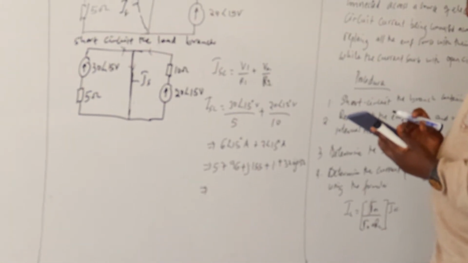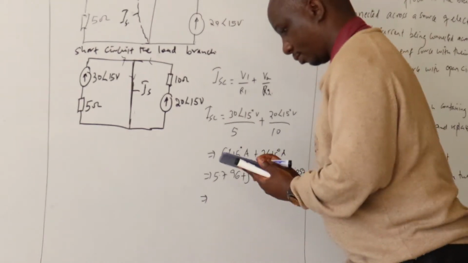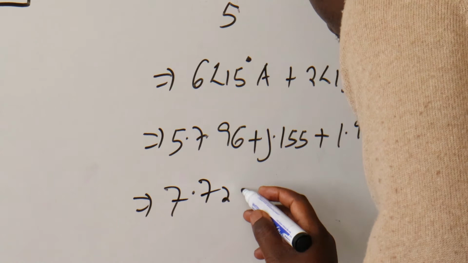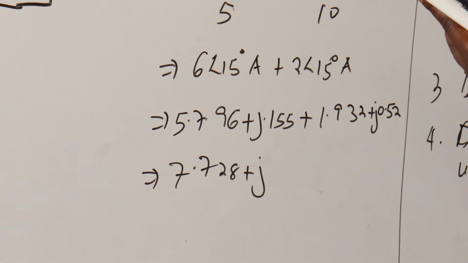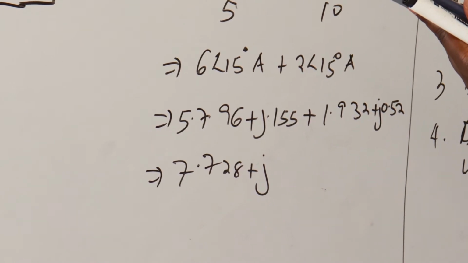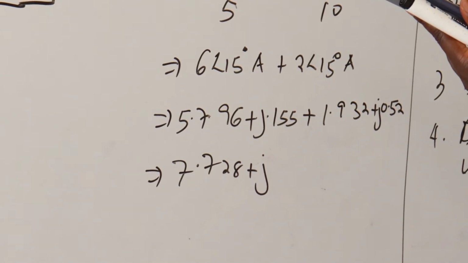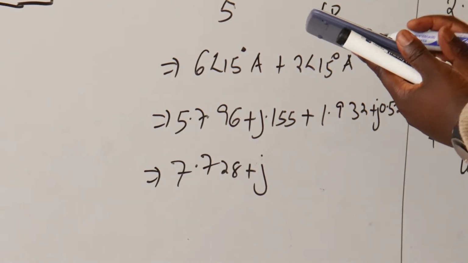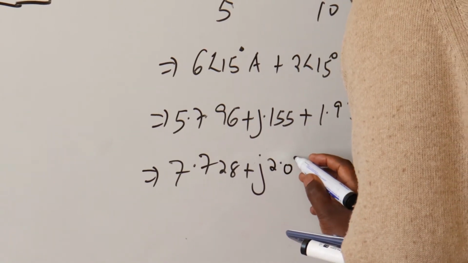We add the two to get the short circuit current: 5.796 plus 1.932 gives 7.728 plus j2.07 amps.